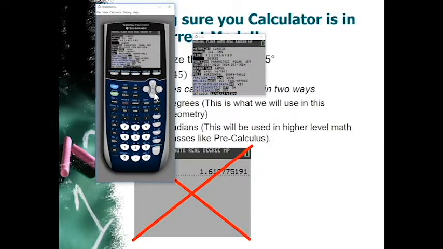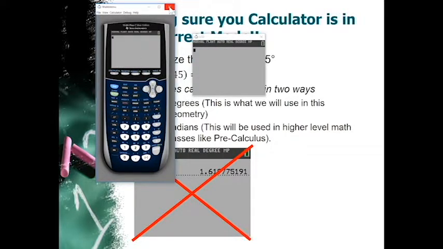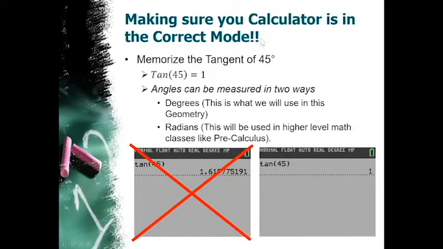You would go down to radians, go over to degrees. You would select enter so that your degree is highlighted, and then you would go ahead and exit out of that, and now you're ready to go. Once you exit out of that, if you type in tangent 45 again, you see a 1. If you have one of the newer TI-84s, you'll see the degree word right up on the top here. You might see radian and you might see degree, and that's a nice little feature of those calculators.